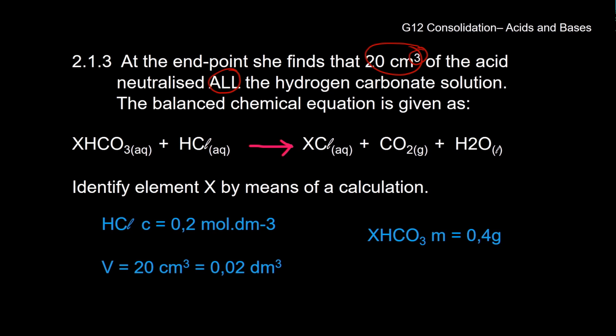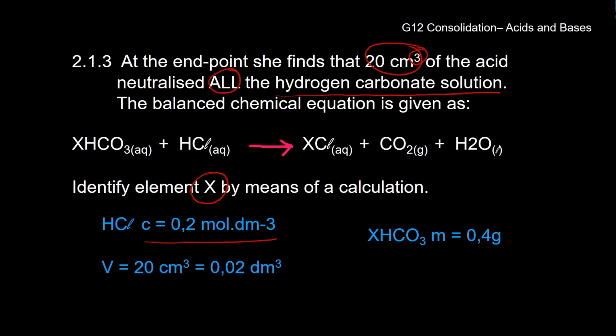So if all of the hydrogen carbonate solution is used up, it means that the acid will be in excess. There's a balanced equation, it's given to you, and we have to identify the element X here. Now, the only way we can identify the element X is by finding out its relative atomic mass. That's the only way we can do that. So our end goal is to find the mass.